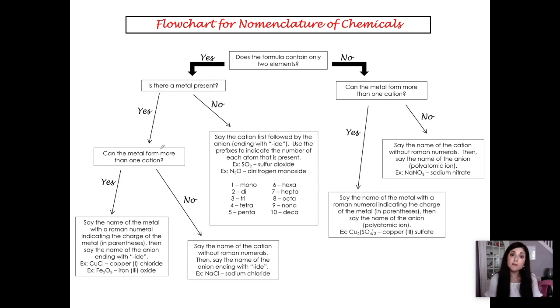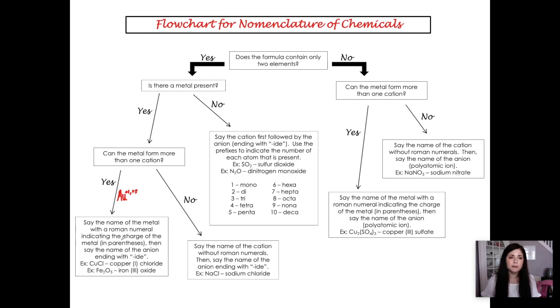And that's because the formula could be two totally different things based on whether gold's charge is 1 or 3. So you do have to say what it is. Let's write this down: gold has the option of being +1, or it could be +3. You do have to say the charge on gold in that example.